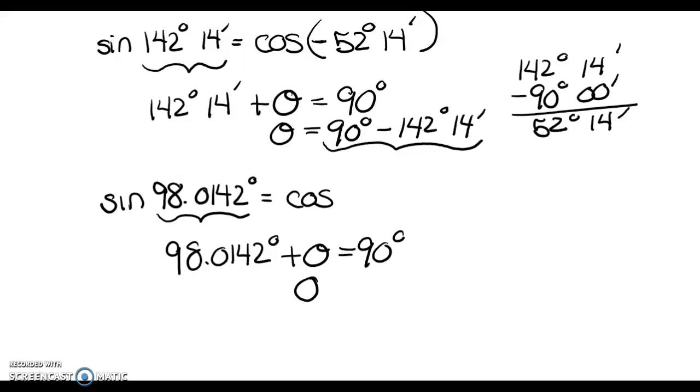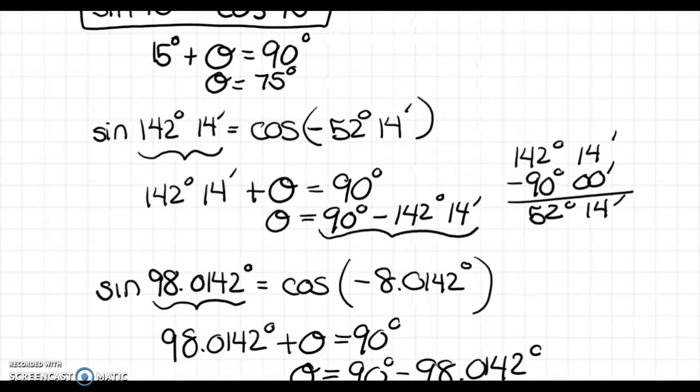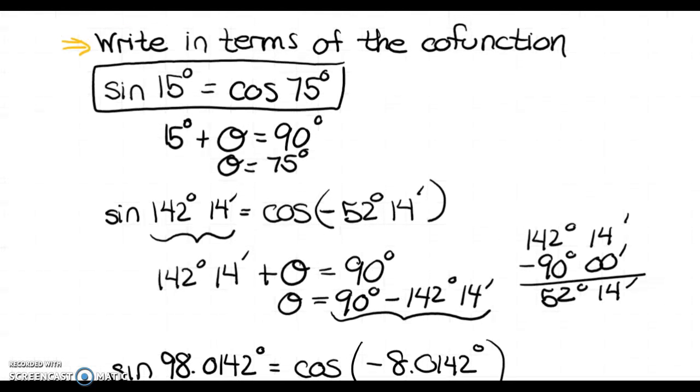If I subtract 98.0142 degrees, I am going to get theta equals negative 8.0142 degrees. So this is going to be the cosine of negative 8.0142 degrees. And that's how you do these types of problems where they're asking you to write something in terms of the cofunction.